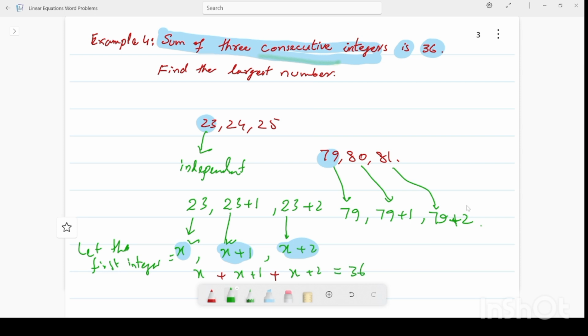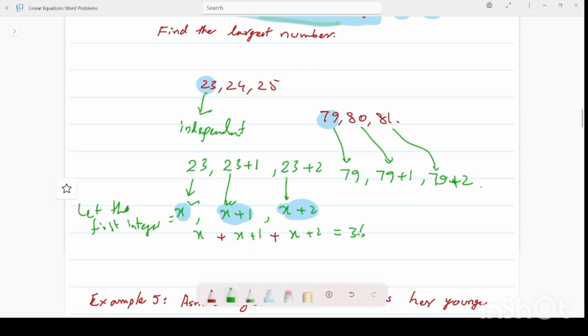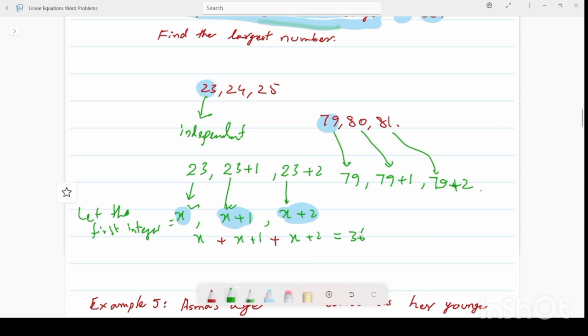Now we have this equation and we have to solve it as a linear equation. The x plus x plus x are like terms, so x plus x plus x is 3x, plus 1 plus 2 is 3, equals 36.